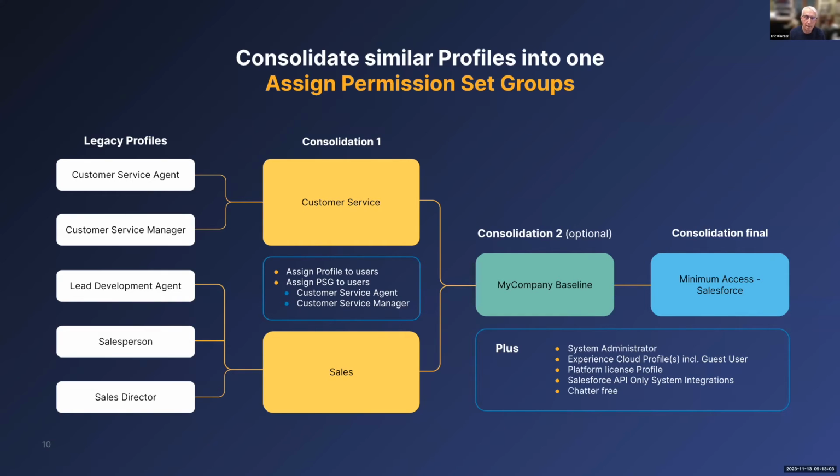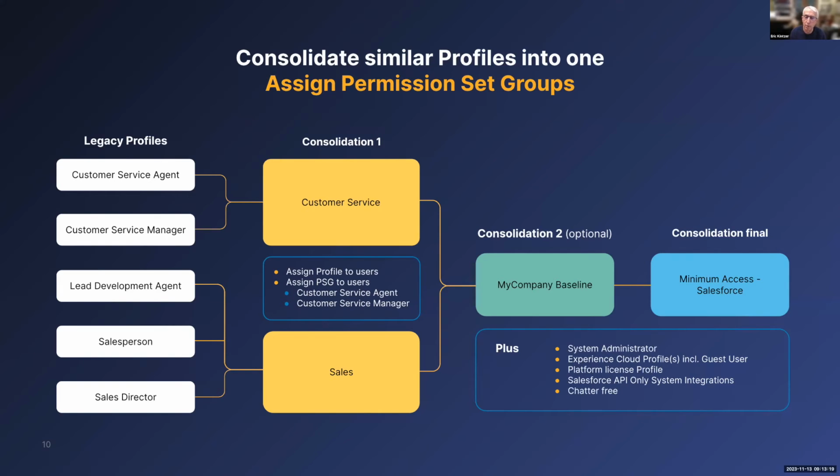So you would take the two, the customer service agent and the customer service manager profiles, and create a new profile called customer service. You don't want to rename profiles because that's complicated to deploy, in fact, virtually impossible to deploy.